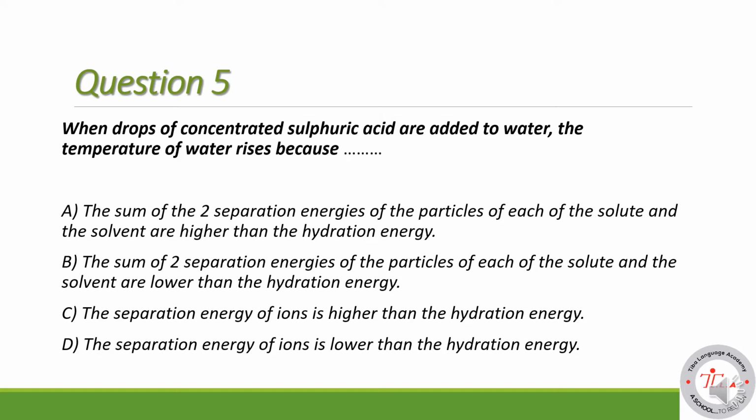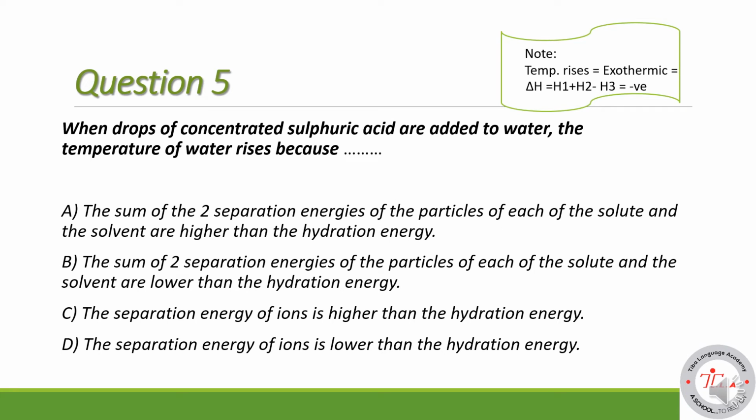C. The separation energy of ions is higher than the hydration energy. And D. The separation energy of ions is lower than the hydration energy. There is nothing about the separation energy of the ions here, so C and D are cancelled.